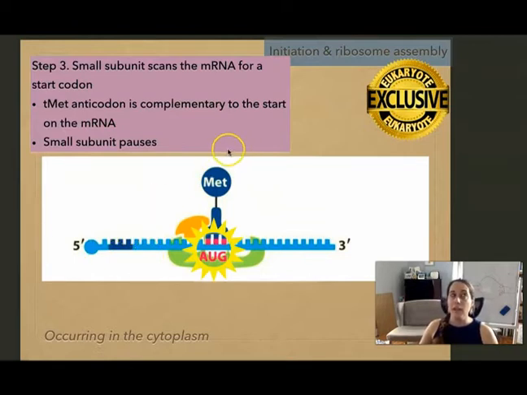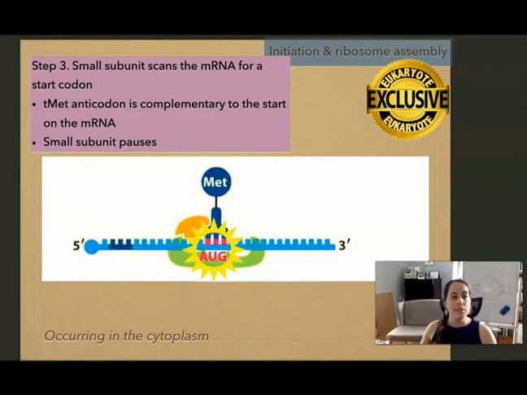However, the anticodon for the methionine tRNA is also going to match up with the start site, which is the AUG. And at that point, that's when we have kind of like the magical combination, which is going to trigger the recruitment of the large ribosomal subunit.